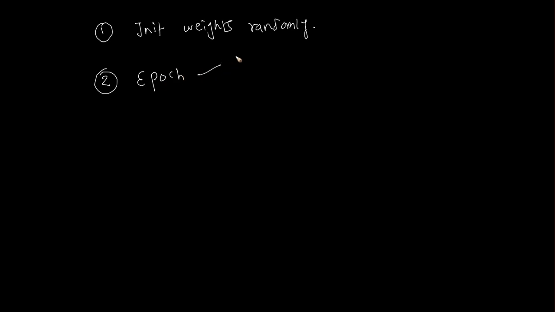In an epoch, send xi as input, calculate loss, update weights in the backward direction.